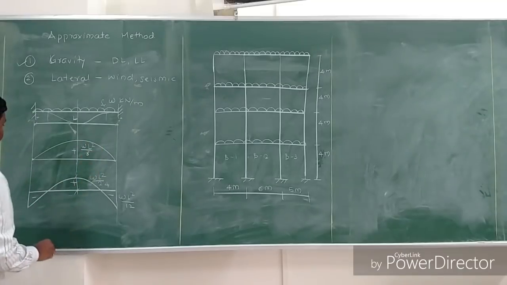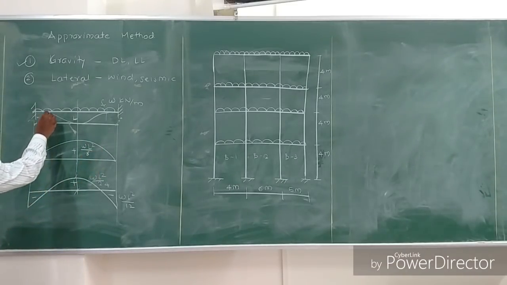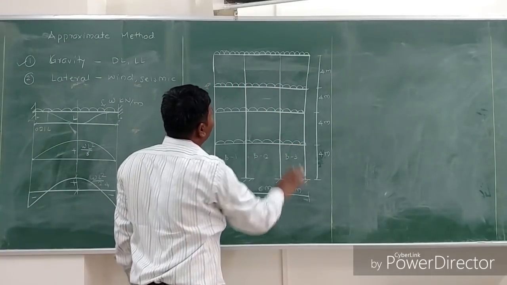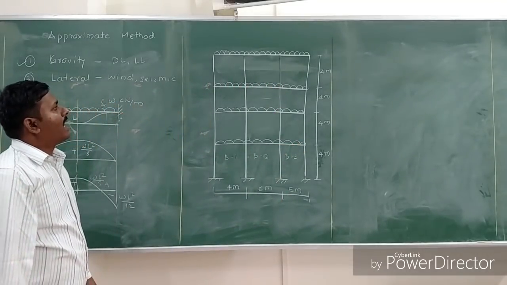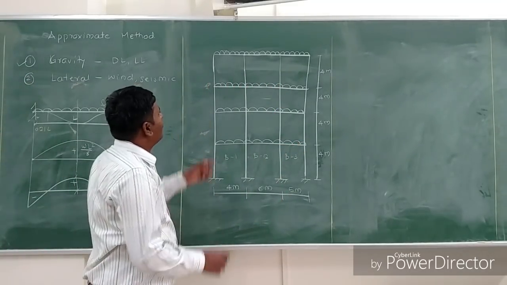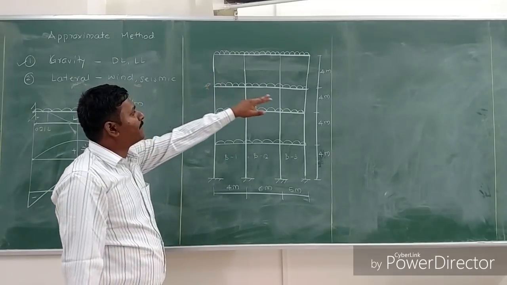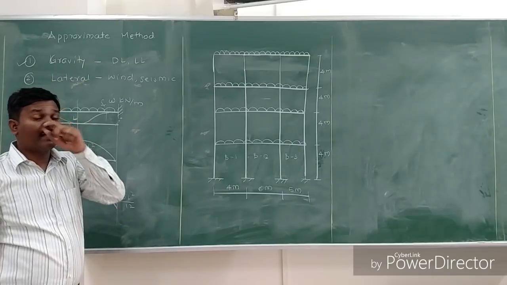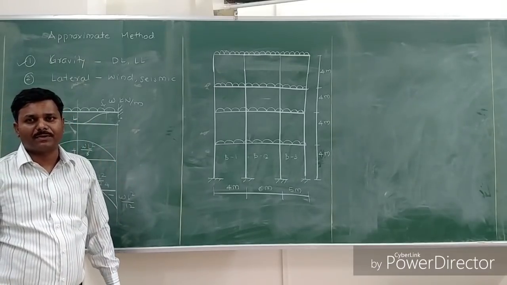Now the point of inflection is at a distance of 0.21 L from the support. Point of inflection is nothing but the point of zero bending moment. In reality, in building frames, this is a typical 2D building frame subjected to a certain amount of load. If you check the support conditions, they are neither completely fixed nor completely simply supported.